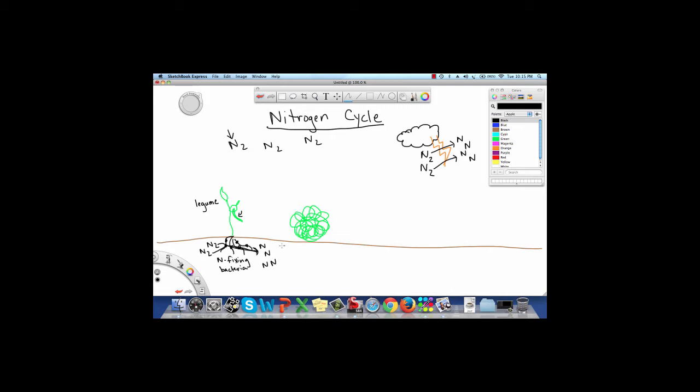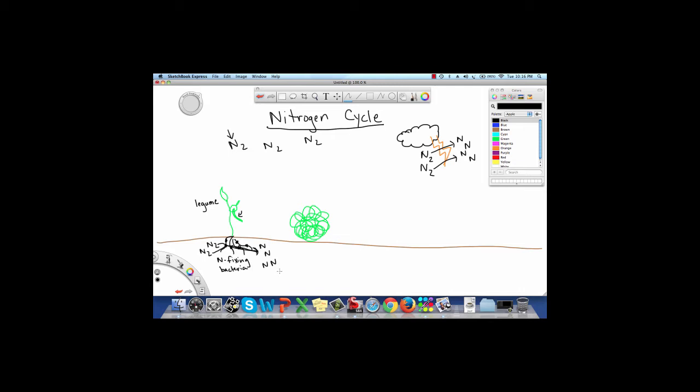The next step is called nitrification. The purpose of this step is to get the single nitrogen atoms into a form that plants can take up. Now, you do not need to understand all the intermediate steps of nitrification. What I want you to understand for this class is that single nitrogen atoms are converted into nitrates.